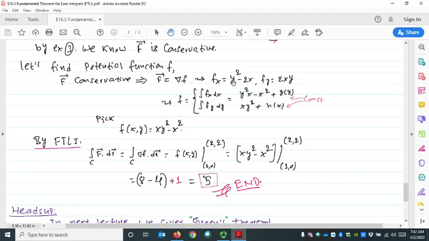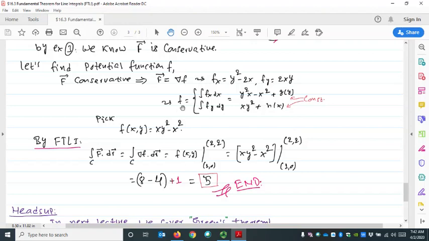Its integration with respect to x becomes y squared times x minus x squared plus a function of y, which is a constant. Now its integration with respect to y is simply x y squared plus a function of x. This is constant for the y integral, this is constant for the x integral.